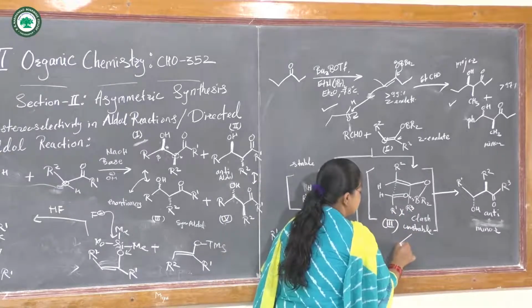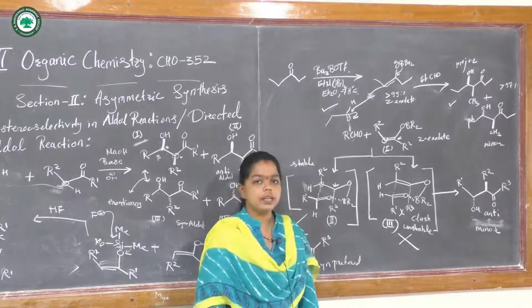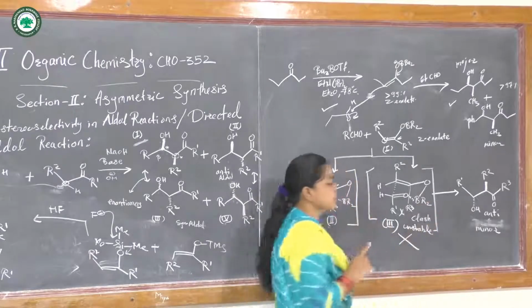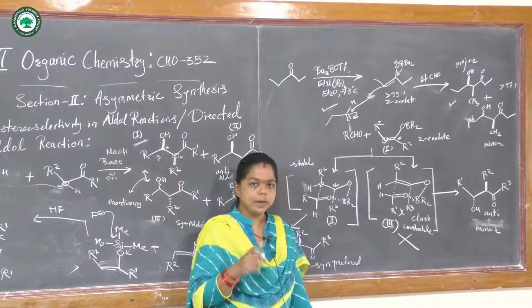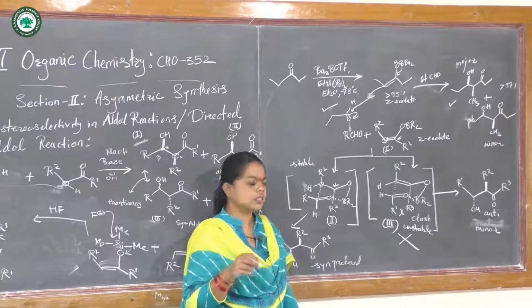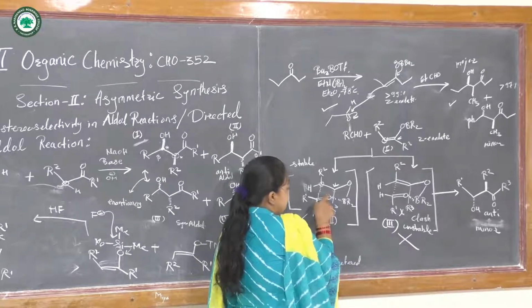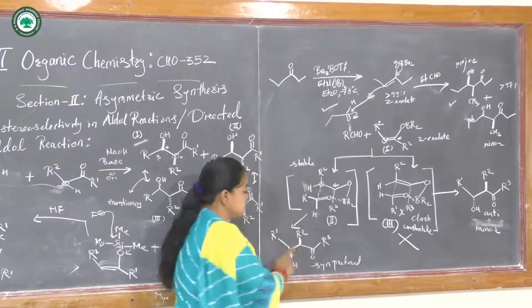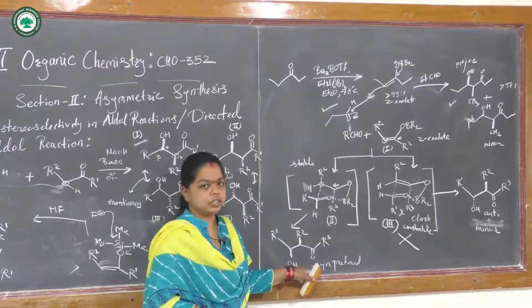Therefore this transition state becomes highly unstable, and this transition state always gives the anti product. So the anti product is found to be minor, or it is formed only in a very trace amount. As the other is the stable transition state, the syn product is generated from it.